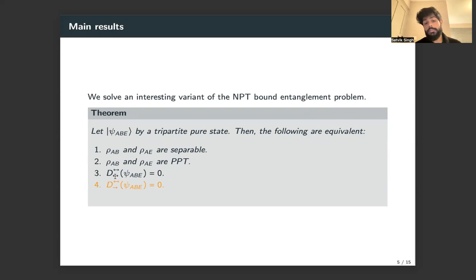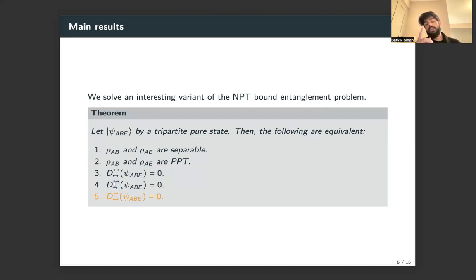Even further, we can say something more. These 3 statements are further equivalent to the state being 2-1 way fully undistillable, and also 1-2 way fully undistillable. Now, clearly, if the state is two-way fully undistillable, meaning statement 3, then statement 4 follows as well, because you're just cutting off a backwards communication line from Bob to Alice, right?